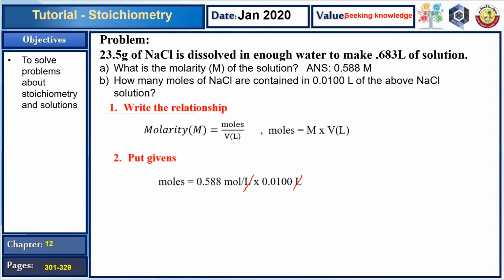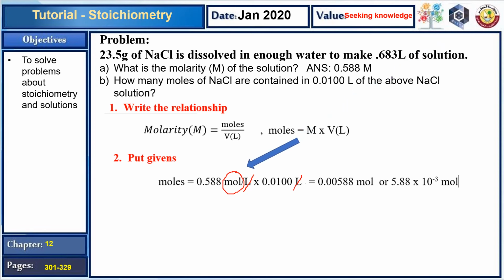This is 1 over L, and 1 over L times L cancels, becomes 1, and we have only mole left. So our final result will be 0.00588 mole, or we can write it in scientific notation as 5.88 times 10 to the power of minus 3 mole. Okay, part B also solved.